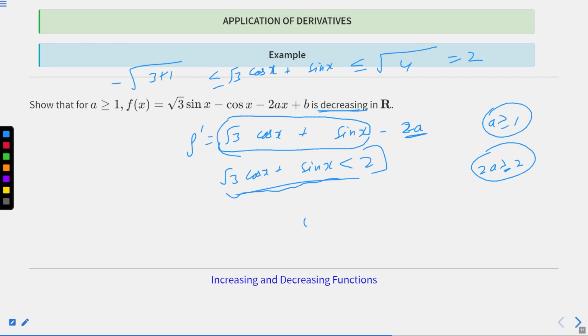So a number less than 2 minus a number greater than 2 means the output will be negative. So this implies f prime is going to be negative. That's why we said that it is decreasing on the whole of R. Okay, clear? I hope that now it is clear to you.